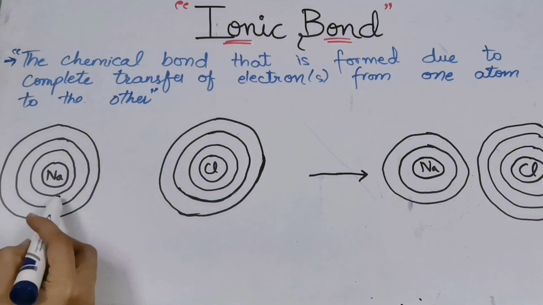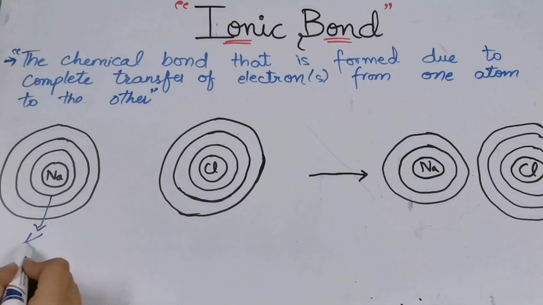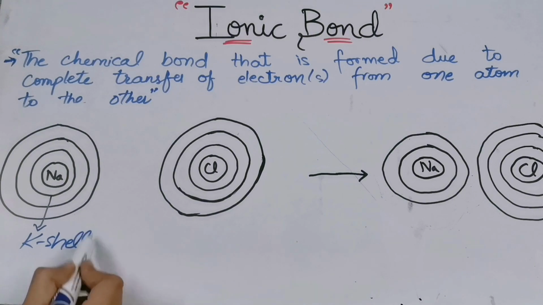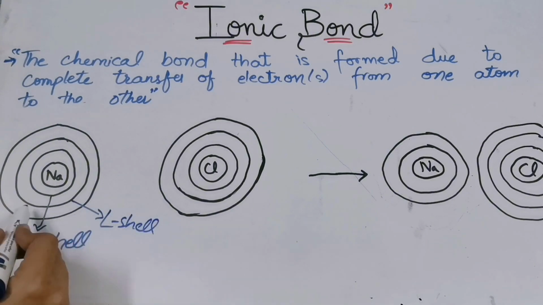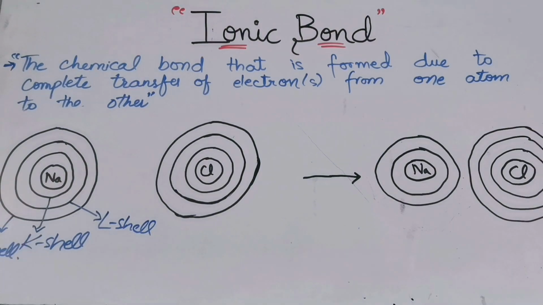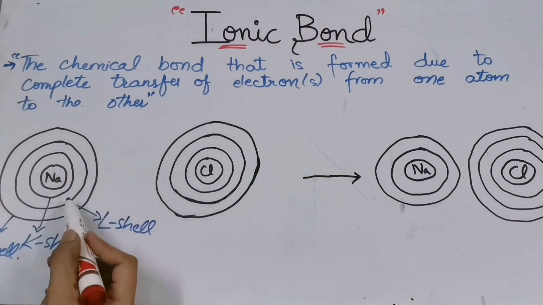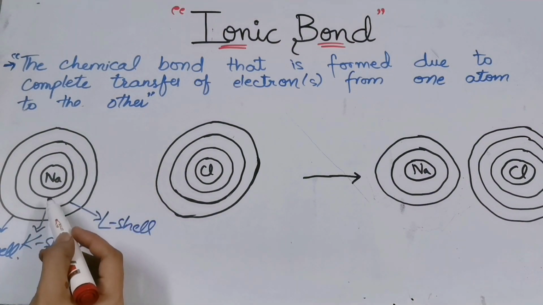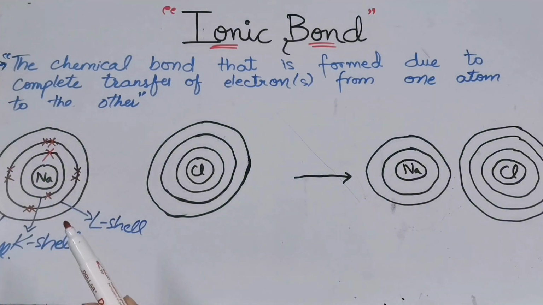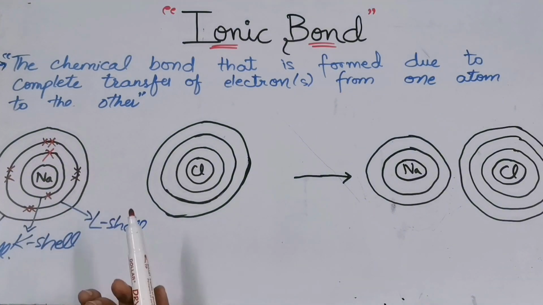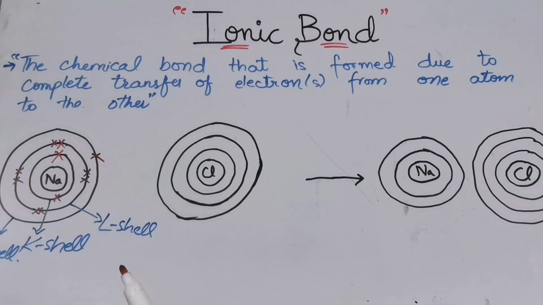Here we know that the first shell is the K shell. The second one is the L shell. And the third is the M shell. I already told you how many electrons will be present in each shell. There will be 2 electrons in the K shell. There will be 8 electrons in the L shell. Now we will go towards the M shell and we know it has only 1 electron.